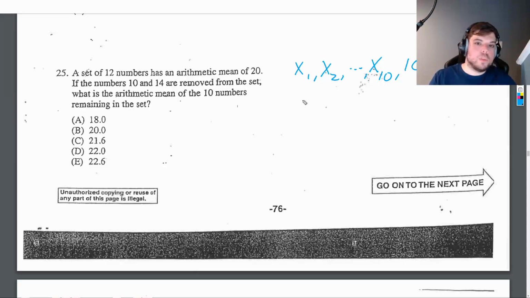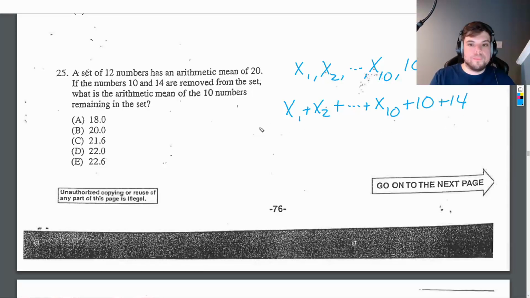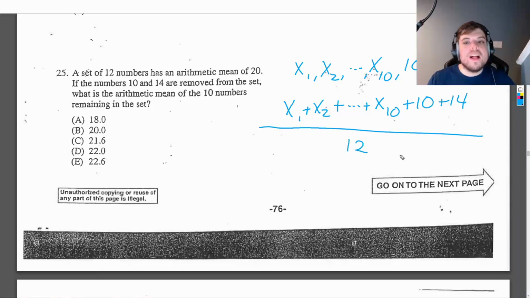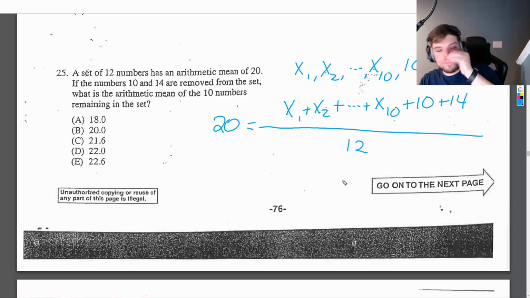Okay. And we know that the sum x1 plus x2 plus all the way out to x10 plus 10 plus 14 divided by 12 has to equal 20.